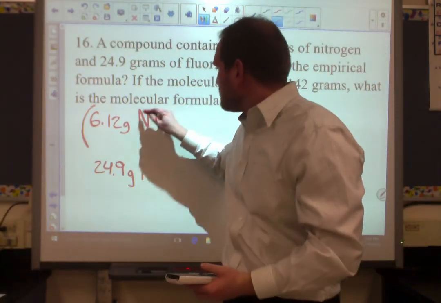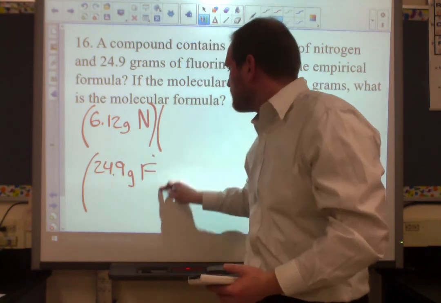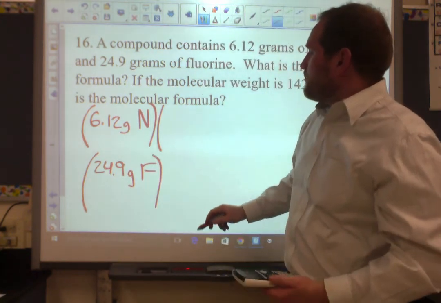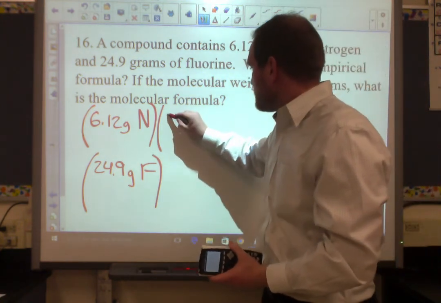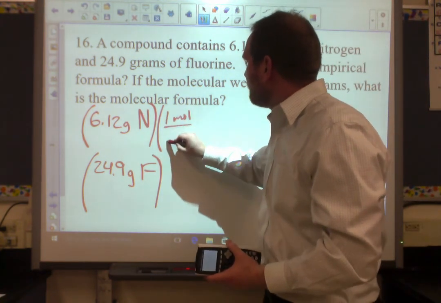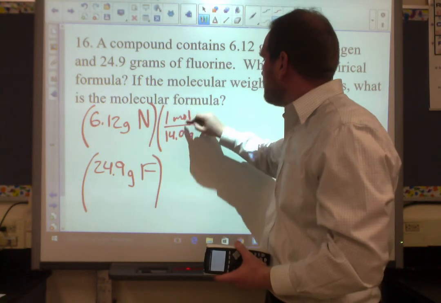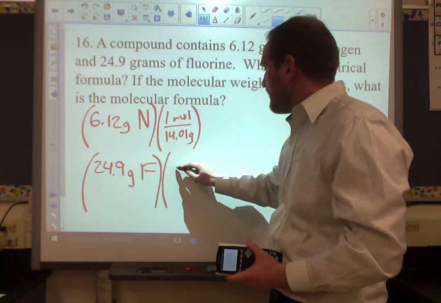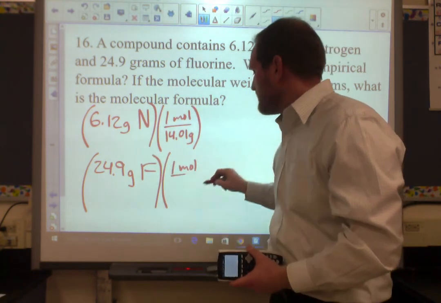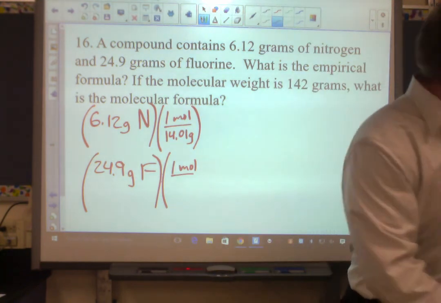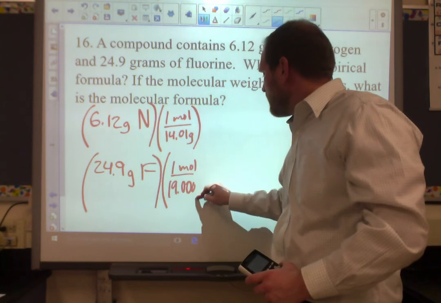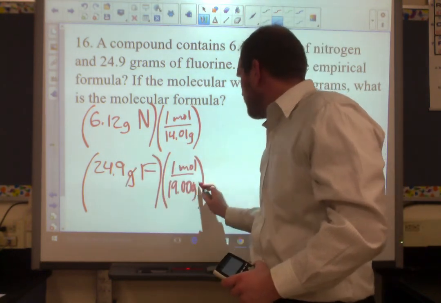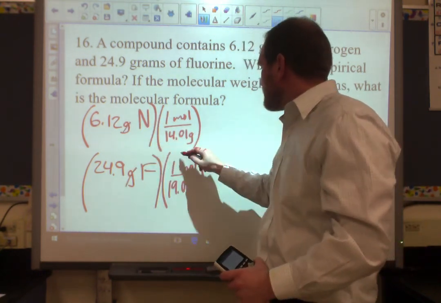So I'm given grams. Let's convert these right into moles. All right, 6.12 grams. So nitrogen is 14.01. So 1 mole over 14.01 grams. Let's do the math here real quick. Fluorine is 1 mole over, was it 18.99? Yeah, 19.00. Okay, grams of fluorine cancel grams of fluorine, grams of nitrogen cancel grams of nitrogen.